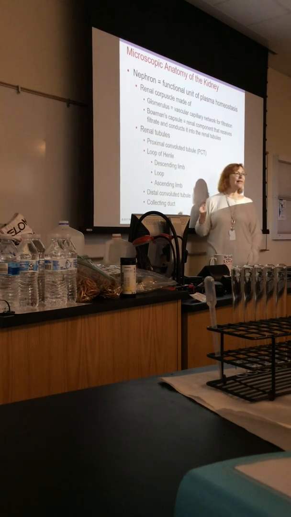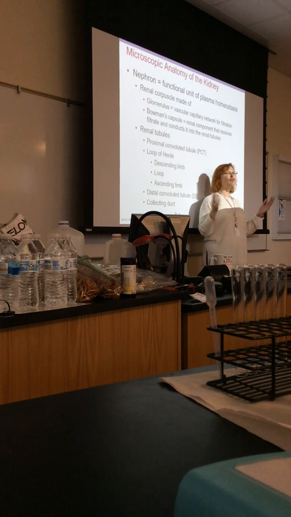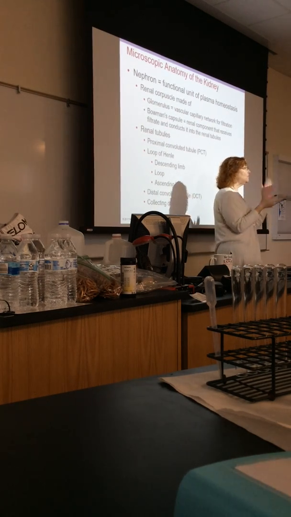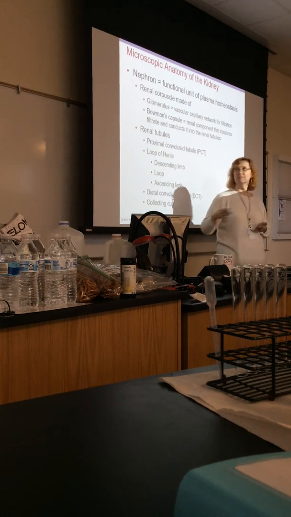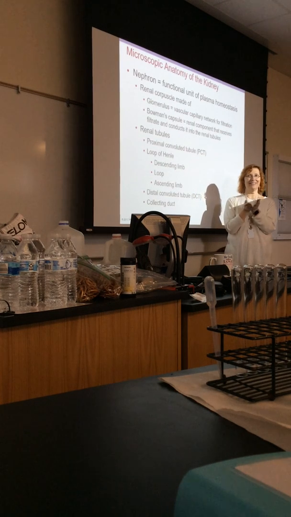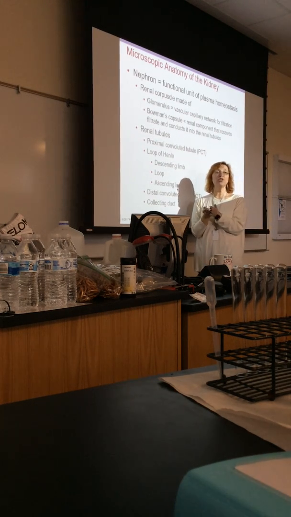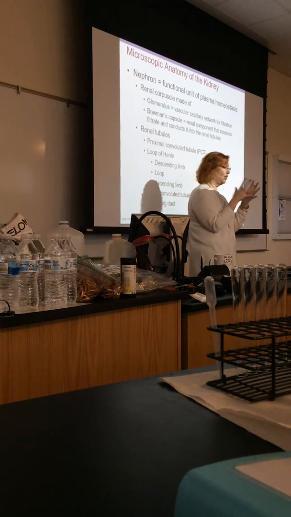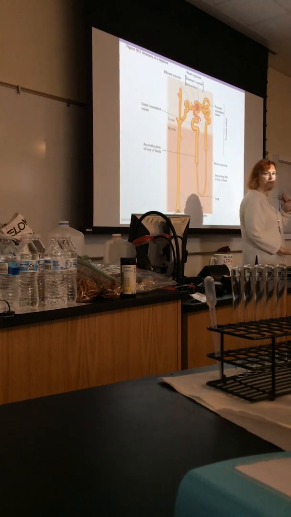The collecting duct is the first of our collection sites. We have a bunch of different renal tubules feed into that collecting duct, but we still have modification that occurs at that collecting duct, so that's why we're going to be looking at that piece as well.